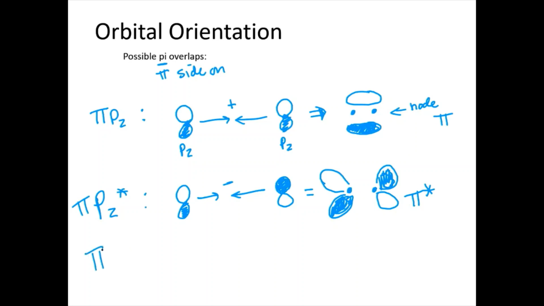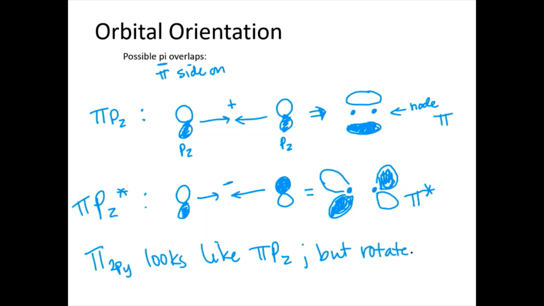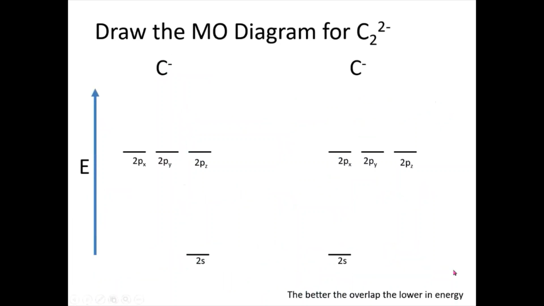Okay, and the py orbital looks exactly the same. But it's rotated. So it's rotated 90 degrees to come out of the board. So here, let me get my pillow out. Right, so before we were talking about the sigma bonds, they come this way, right? The pi bonds, now we look at the p orbitals.